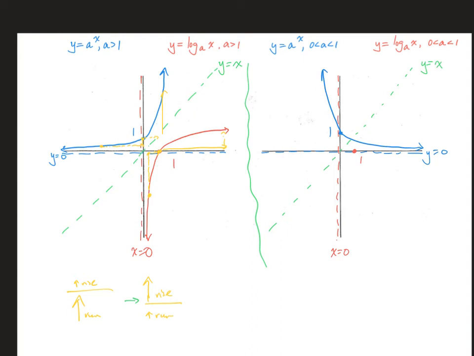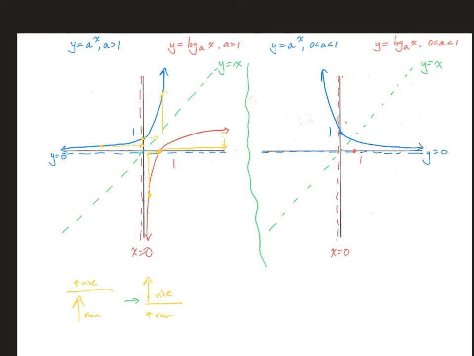So this becomes kind of a weird one for us, and it's going to feel a little bit different. Because when I reflect it, it must be equidistant. Then that means that I need to take, for instance, this point on my blue graph and reflect it the same distance on the other side. This point way down here at the end of my blue arrow would get reflected all the way up, equidistant on the other side.